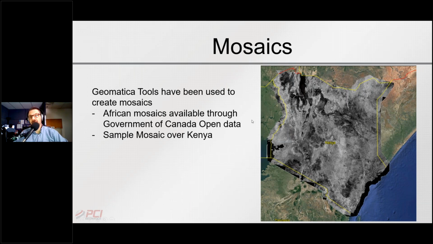Here you can see this is a low resolution view, but this data is available at 25 meters. It would be, I believe, a wide beam mode or standard beam mode, and it would be made up of hundreds of individual images, which have all been mosaiced together. And again, that can be done automatically, orthorectification and mosaicing completely automatically using Geomatica.